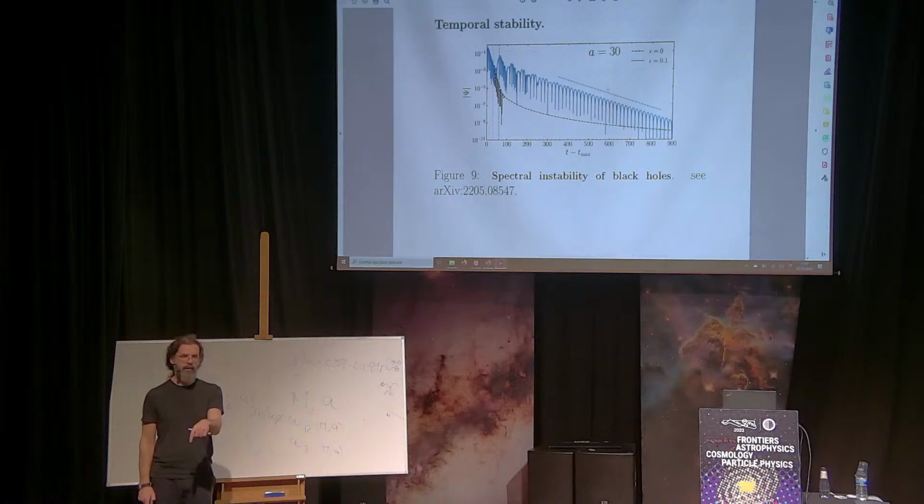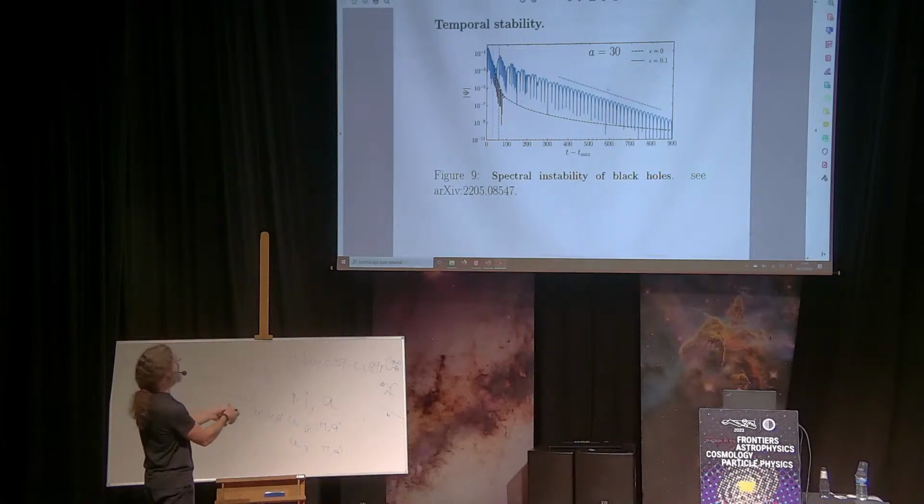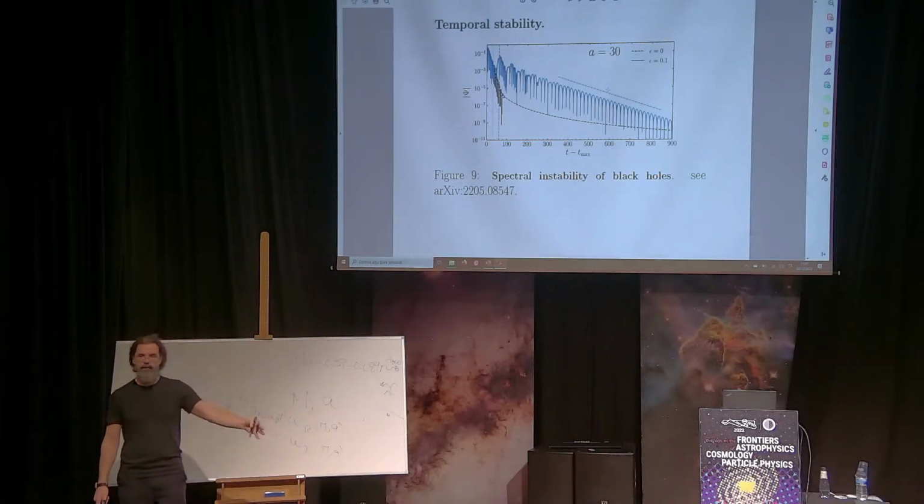And a fraction of them, a very small fraction of low frequency, sees the bump, is unable to cross the bump, is unable to tunnel out, if you wish, and gets stuck there between the peak at the light ring and this bump.